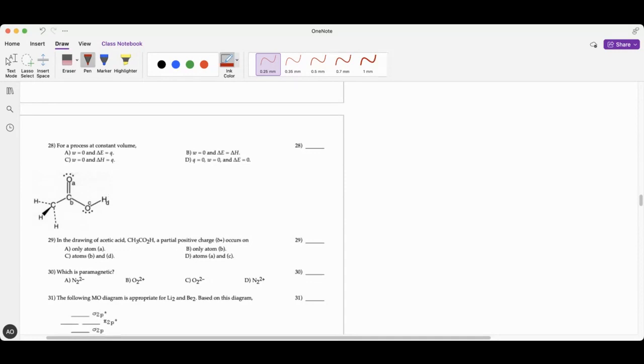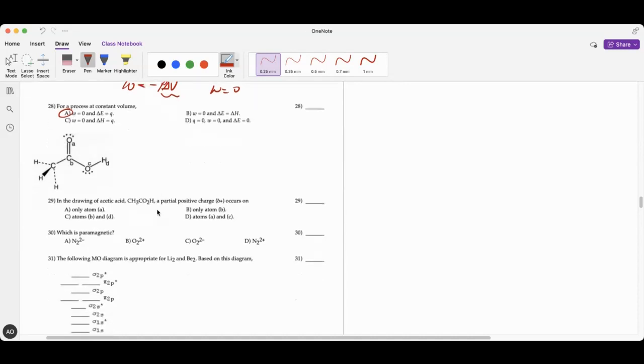Well, remember, work is equal to pressure volume work, negative P delta V. So if the volume is constant, then the work is going to be 0. So A would be the correct answer. Work is 0, and delta E would be equal to the heat.